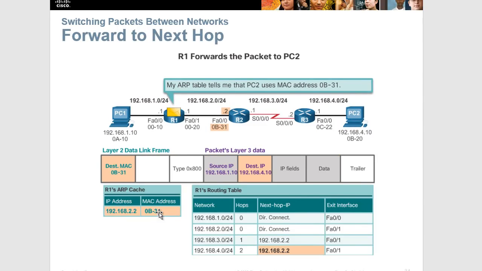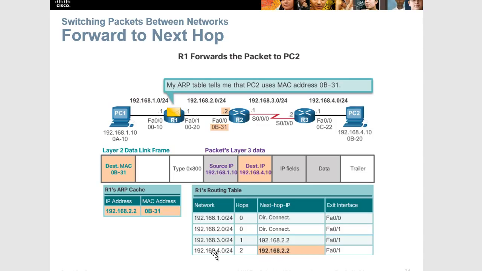You can see you've got a MAC address table, or I'm sorry, an ARP table in a router, and a MAC address table in a switch. So you've got an ARP table and a routing table, and that's what R1's using to make its decision here. It has an ARP entry in its ARP cache not for this guy here, but for the next hop IP.